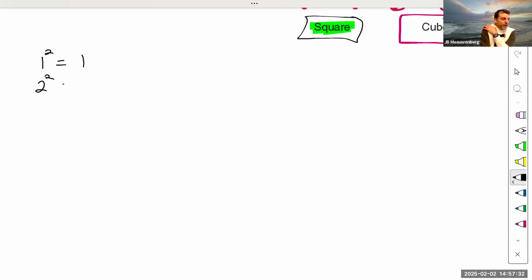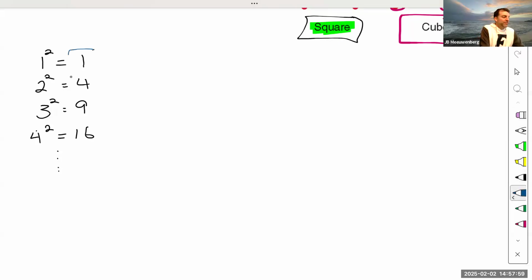If we take 2 squared, we get 2. 3 squared is 3. I'm sorry, I messed that up. Let me fix that. I apologize. Let's erase those. 2 squared is 4. Thank you. 3 squared is 9. 4 squared is equal to 16. And we could continue that pattern forever.